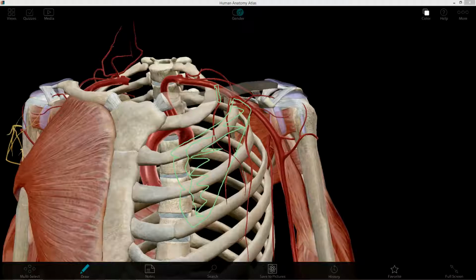Part 3 is the portion of the axillary artery that's distal to pectoralis minor. So that's going to include the three branches: the anterior circumflex, the posterior circumflex, and then this guy over here, the subscapular artery. Okay?